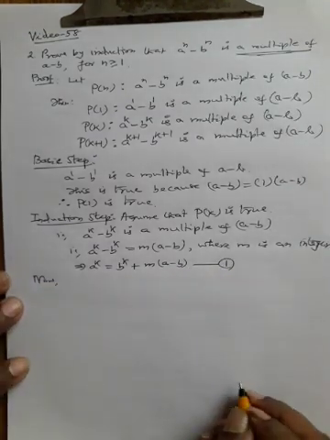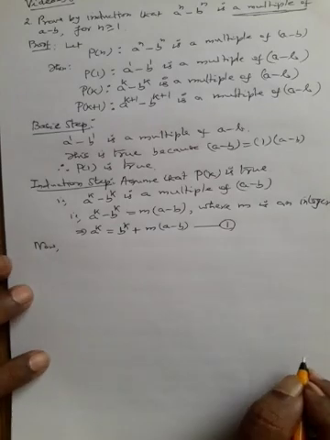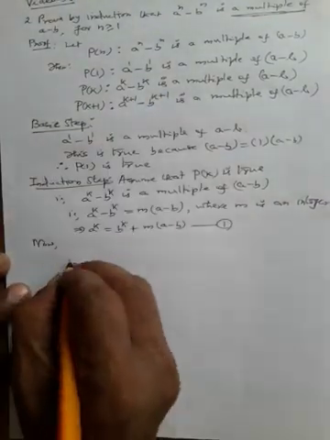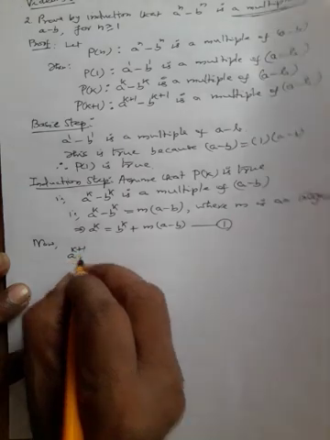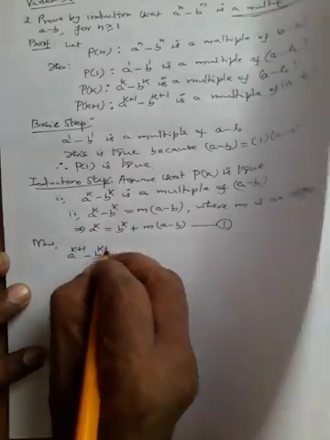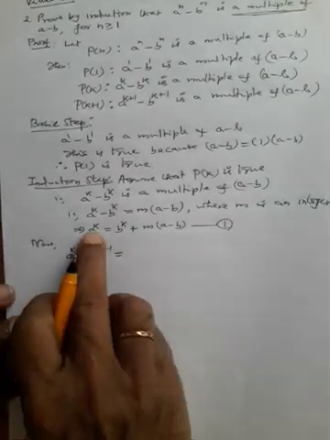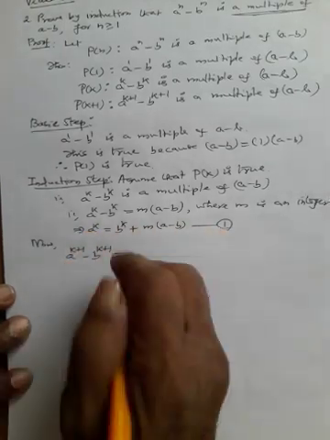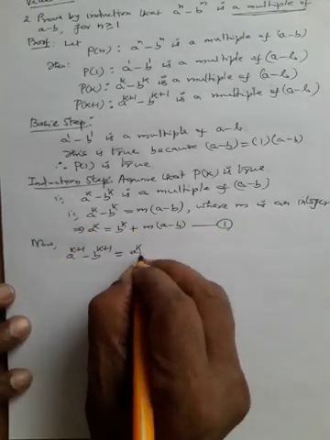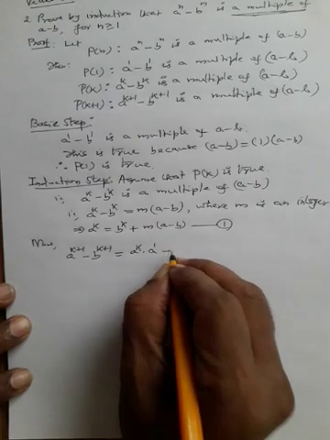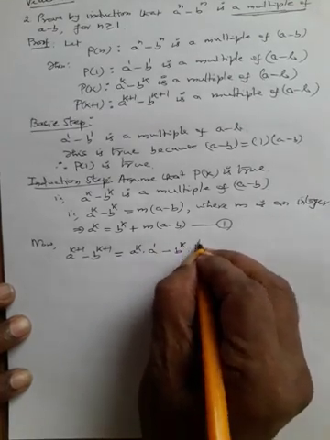Now we will prove P of k plus 1 is true. Here you have a power k plus 1 minus b power k plus 1 equal to, we have to make use of the value of a power k. So split this as a power k into a power 1 minus b power k into b power 1.